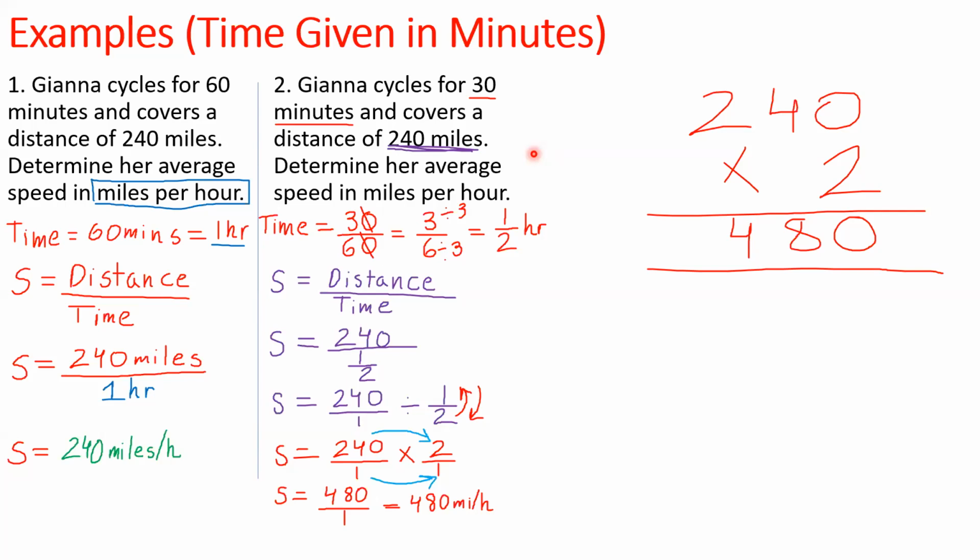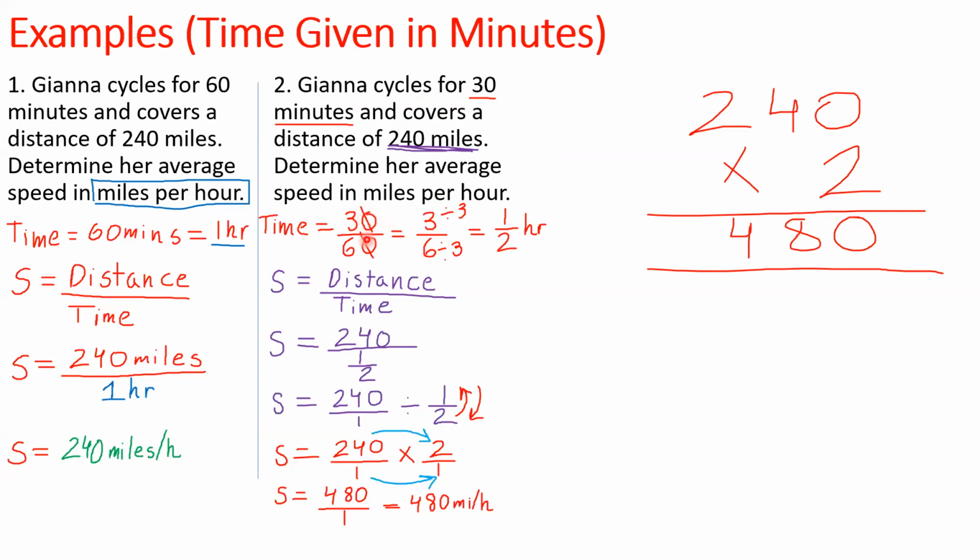Let me explain it one more time. So the first thing we do is convert the time, because it's 30 minutes, right? And 30 minutes is what? Half an hour, right? So we say 30 over 60. Why over 60? Because it's 60 minutes in an hour, right?